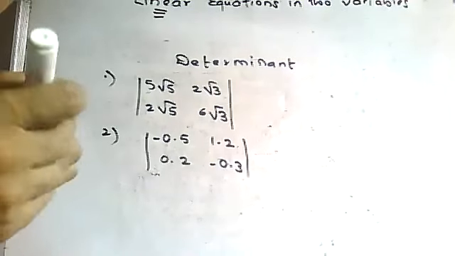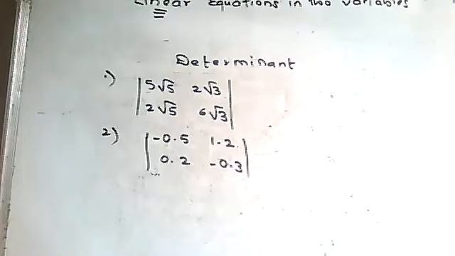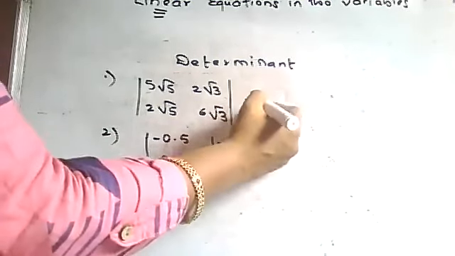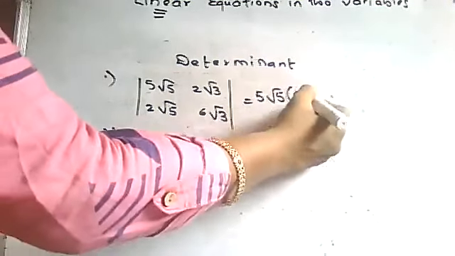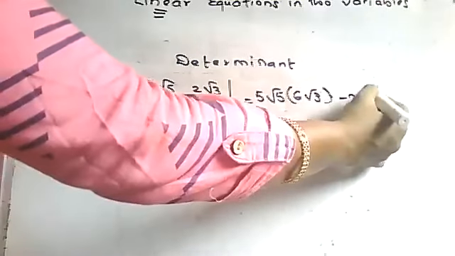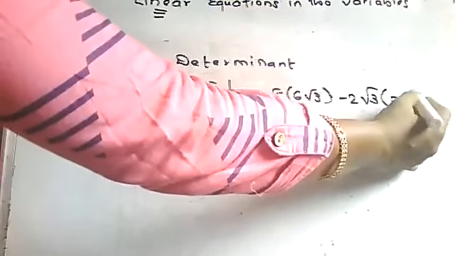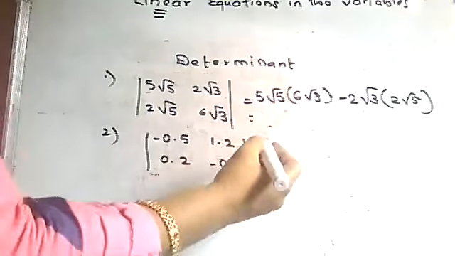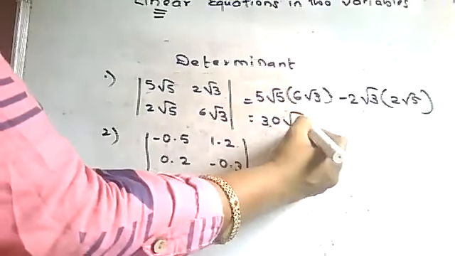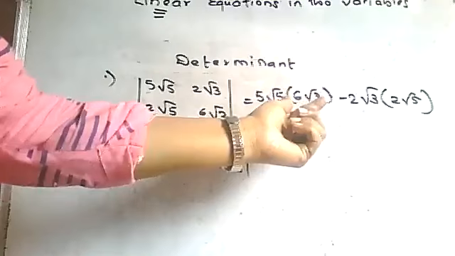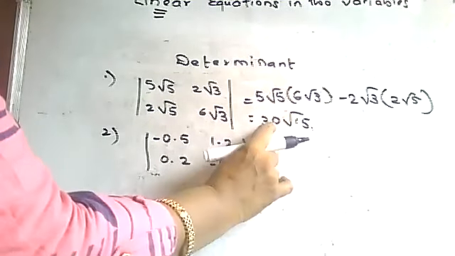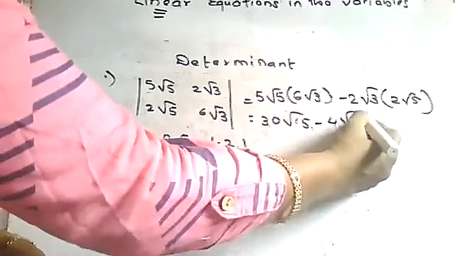Now I'll solve. 5 root 5 into 6 root 3 minus 2 root 3 into 2 root 5. So 5, 6 are 30 root 15. Outside, inside. Then minus 4 root 15.